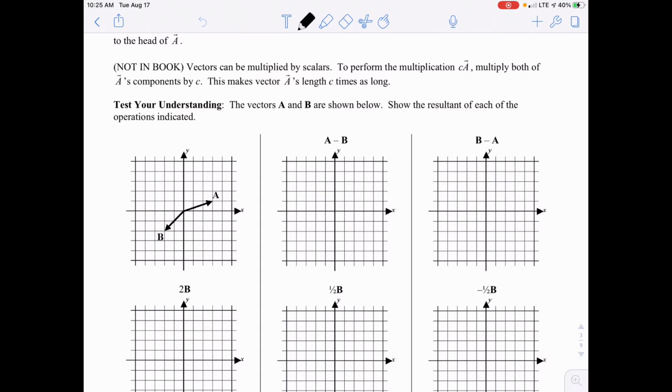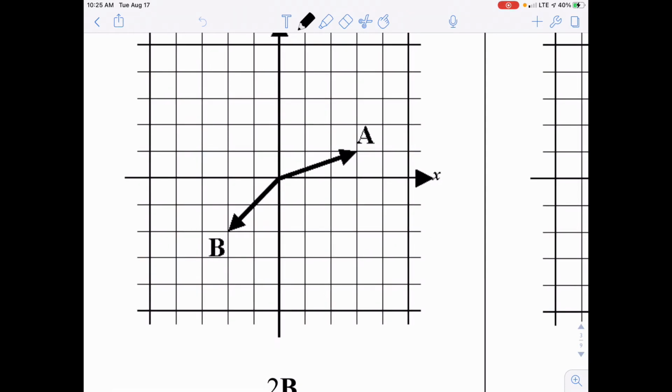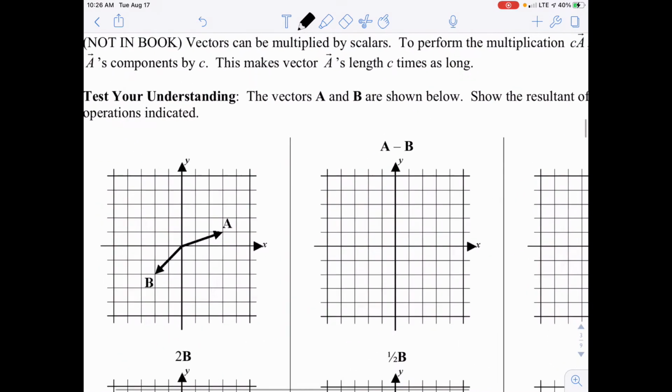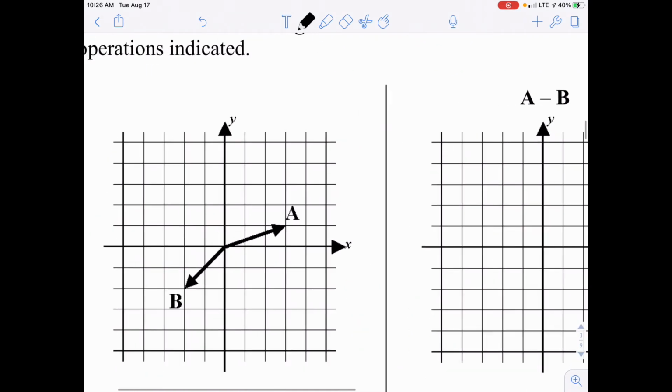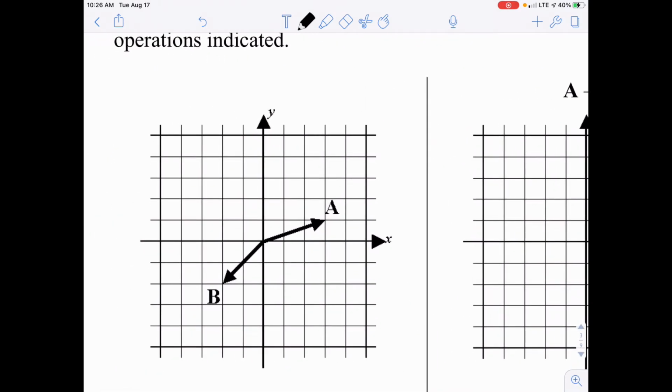So let's say vector A is pointing in this direction right here, 3 units over, 1 unit up. Let's say vector B is pointing in this direction, 2 units over, 2 units down. Now, let's say we wanted to go A plus B. A plus B is not mentioned here, but if I wanted to go vector A plus vector B, I would take A. B is pointing in this direction right here.